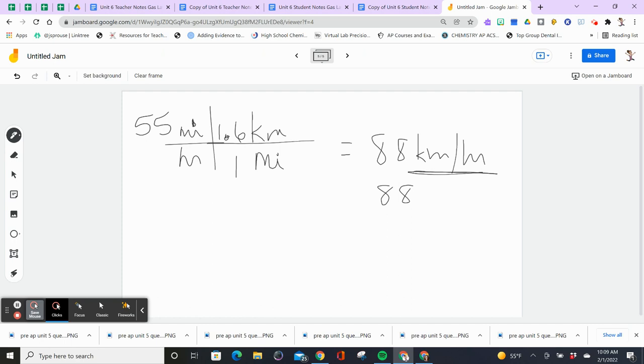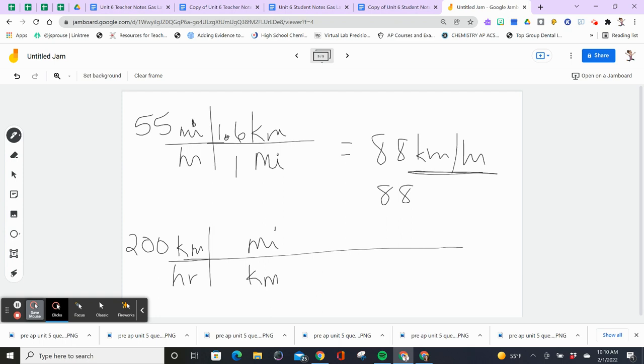So that was A. B says if a high-speed train in Japan is capable of traveling at 200 kilometers per hour, how many miles per hour is that? So we start with what we're given. Write out your units. It's kilometers per hour. Kilometers is going to go on the bottom because I want to change kilometers into miles.